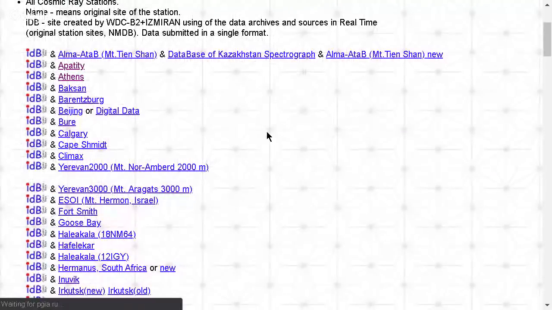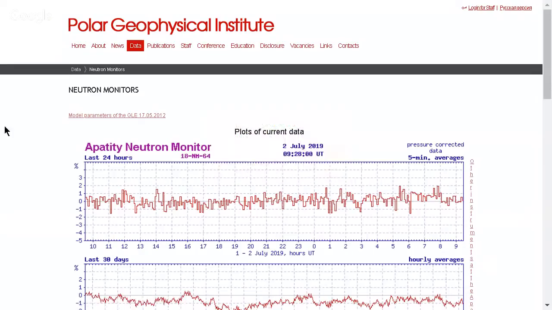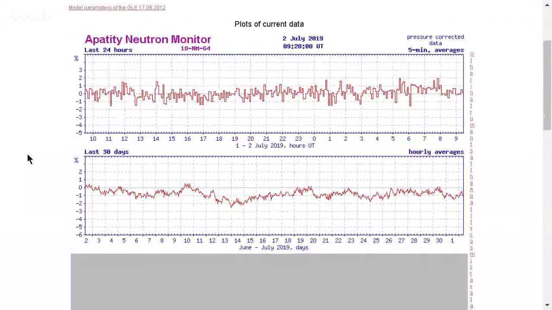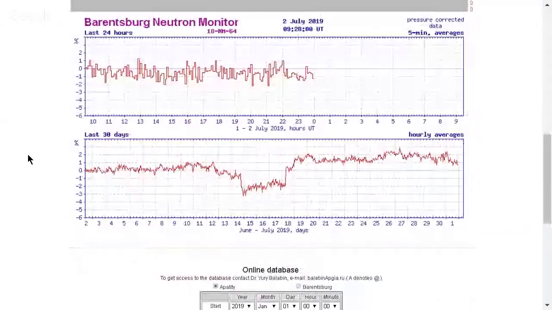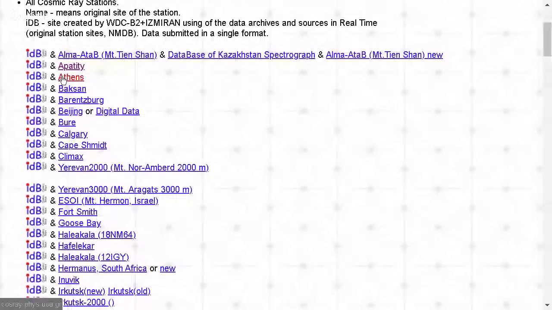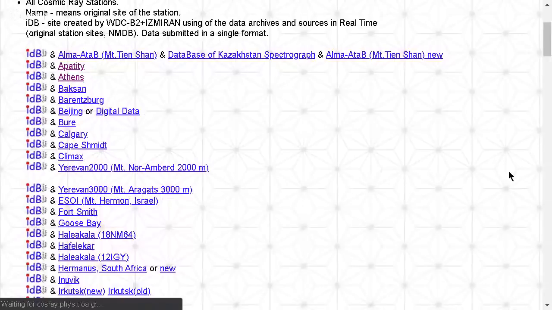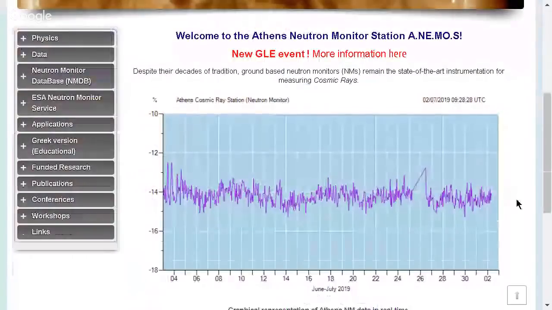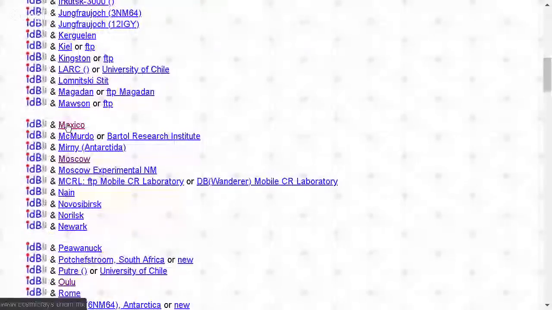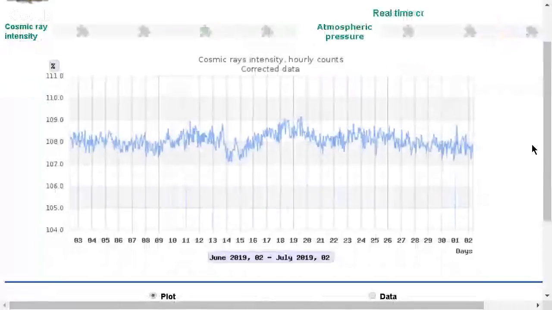Go through cosmic rays as quickly as possible. Here's Apatity. Here's Barentsburg. Here's Athens, Greece. After this, we'll head to Mexico City. There's Mexico City.